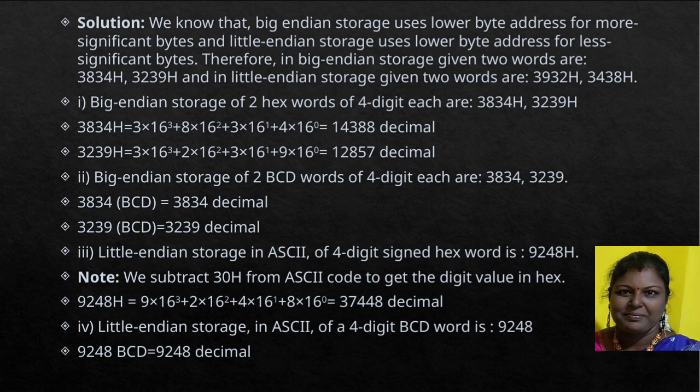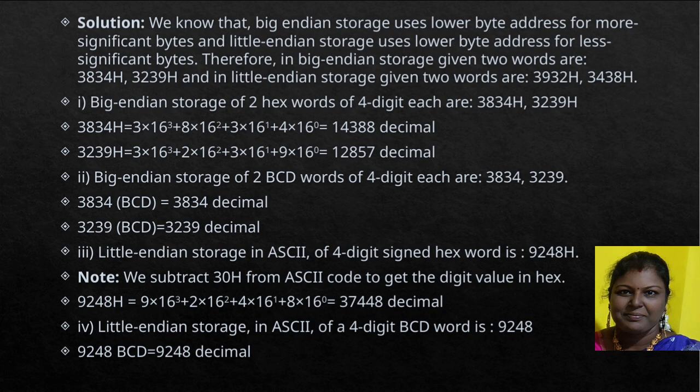On the other hand, little-endian storage reverses the byte order. For instance, the ASCII representation of the hex word 9248 converts to 37,448 in decimal after adjusting for the ASCII offset. Similarly, the BCD value 9248 directly corresponds to 9,248 decimal. This distinction is crucial when interpreting stored data correctly.